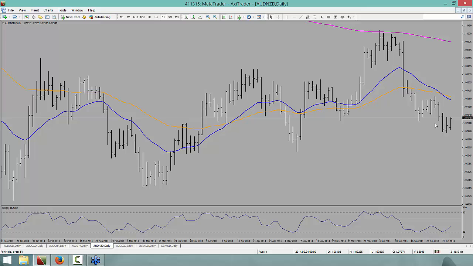Aussie Kiwi, the perpetual pain in the ass, this one. It should be higher, but it's just not wanting to go there. I mean, what is this? Class C divergence. Lower highs, lower lows.